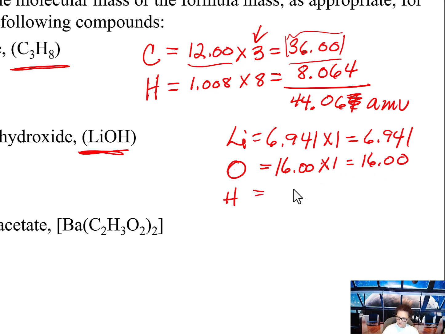And then hydrogen is 1.008 times 1, which equals 1.008. So I'm going to add 1.008 plus 16 plus 6.941, and that's going to be 23.949.